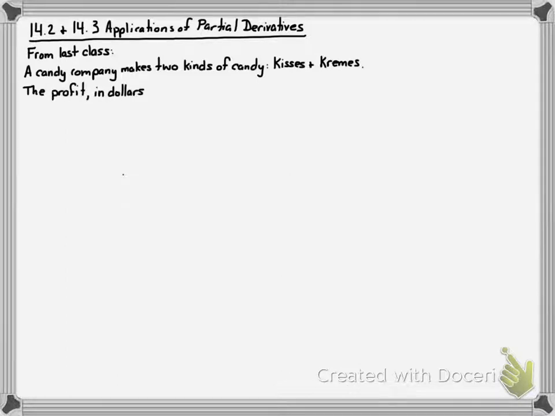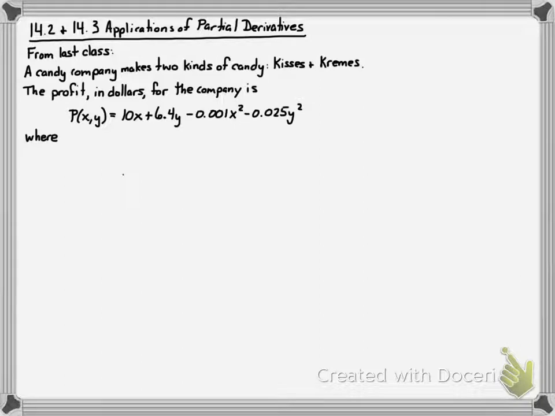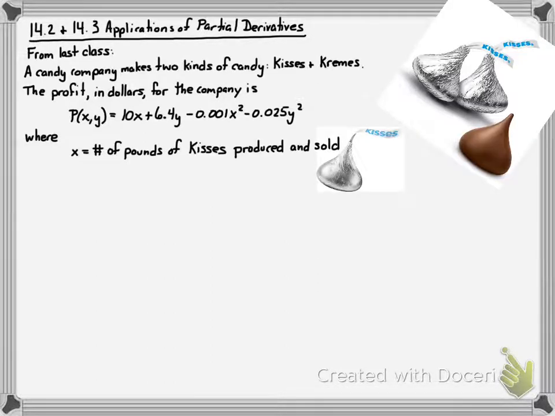And their profit is measured by the function p of x y is equal to 10x plus 6.4y plus 0.001x squared minus 0.025y squared, where the x variable is the number of pounds of kisses produced and sold, and the y variable is the number of pounds of creams produced and sold.